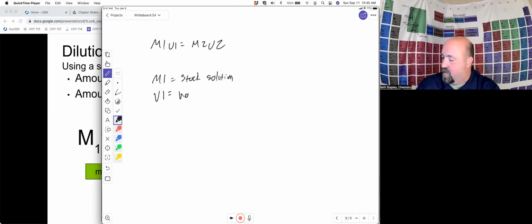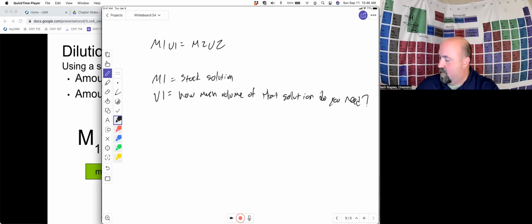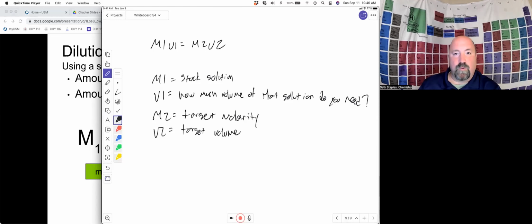V1 will be how much volume of that solution you need. Quite often, this will end up being what we're solving for. M2 will be our target molarity, and V2 will be equal to our target volume.